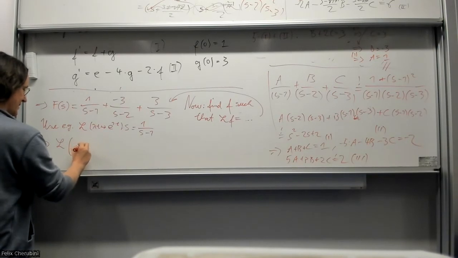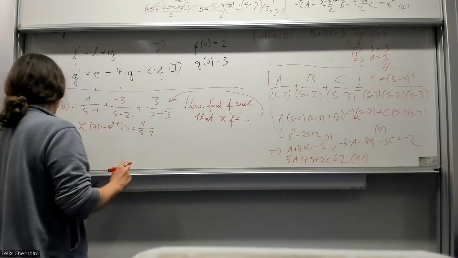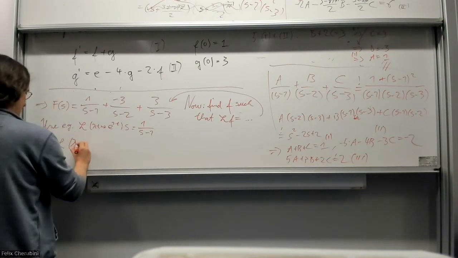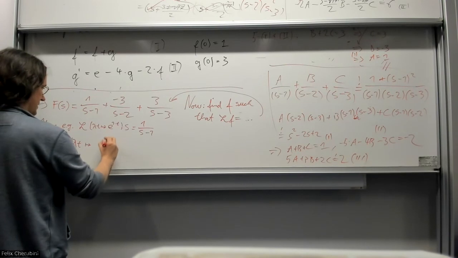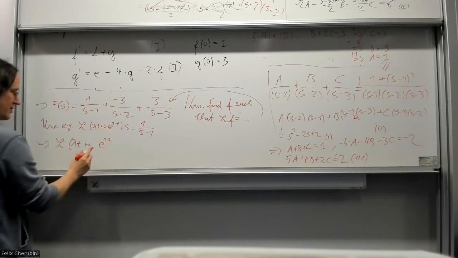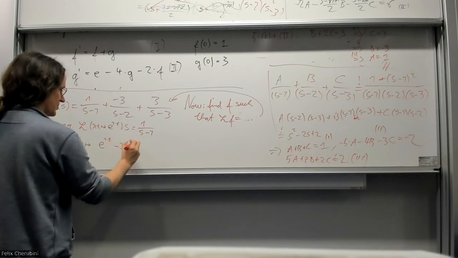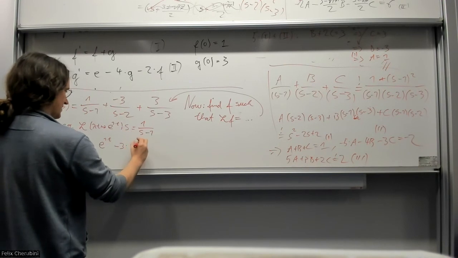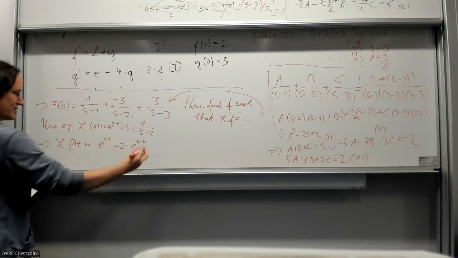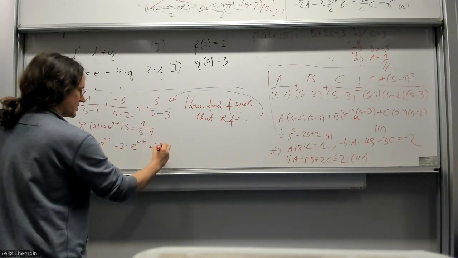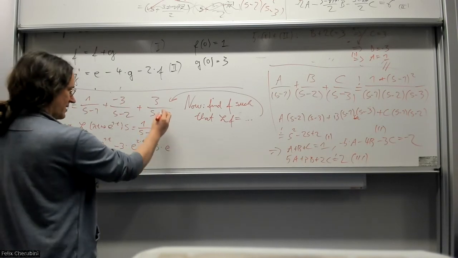So I'll take the function which maps t to e to 1 times t for our first factor, and then minus 3 times e to the 2 times t for the second factor, and this minus 3, we can just put in front, and 3 times e to the 3 times t.